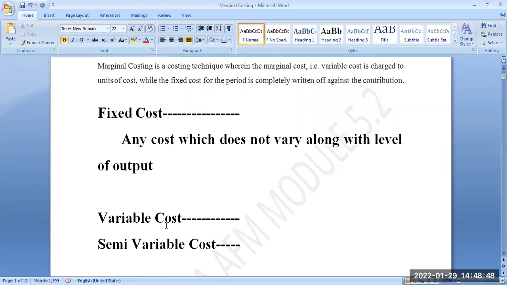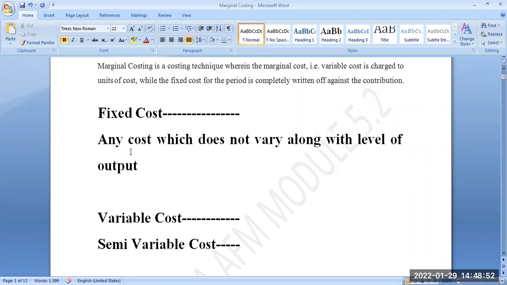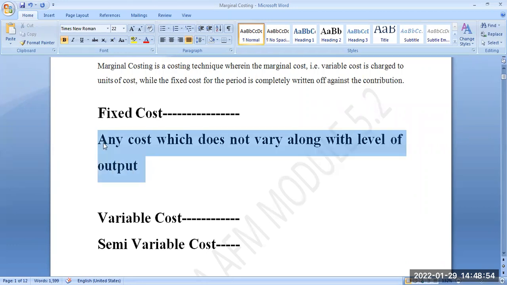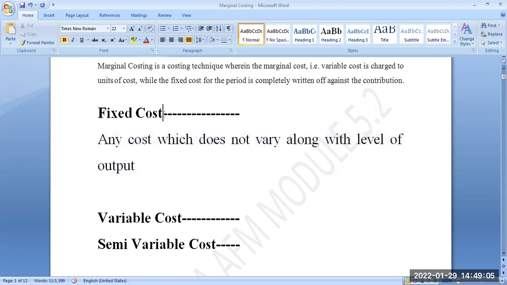Fixed cost is nothing but a cost which does not vary or which remains constant, irrespective of the volume of production. Now you tell me, is raw material cost a fixed cost or not?